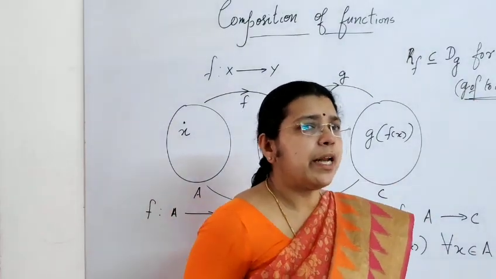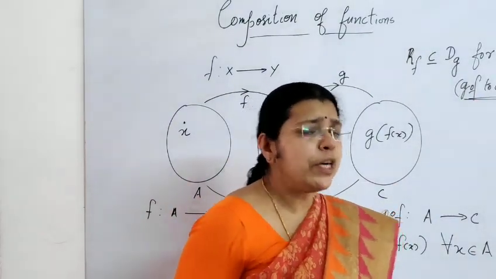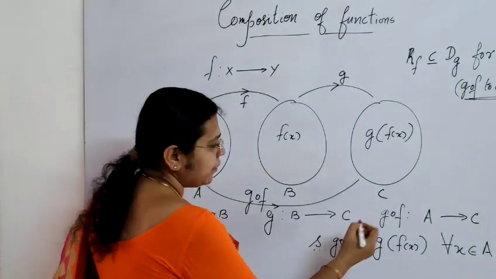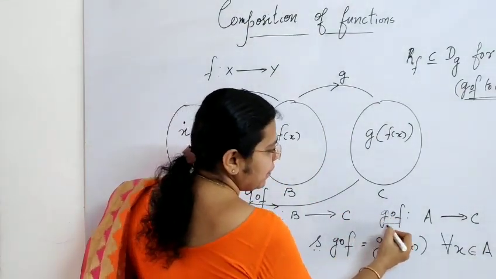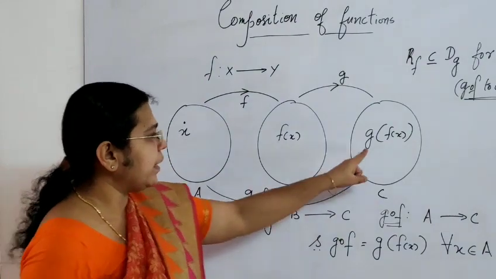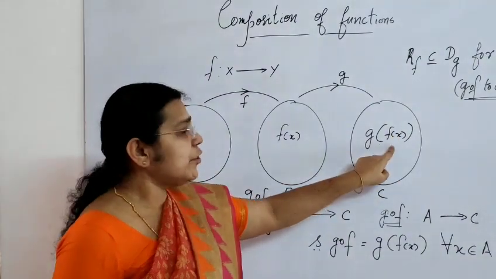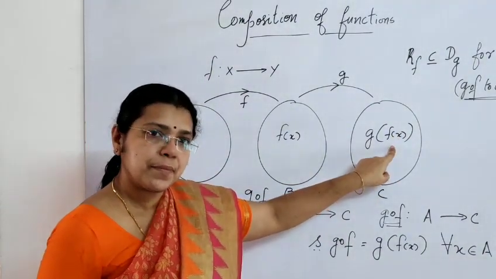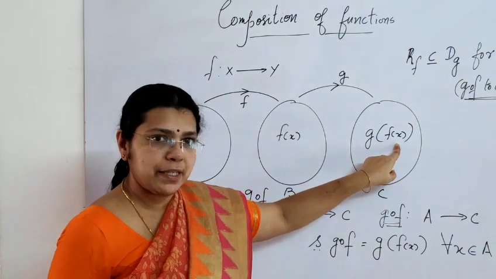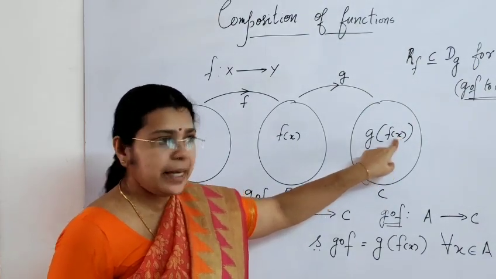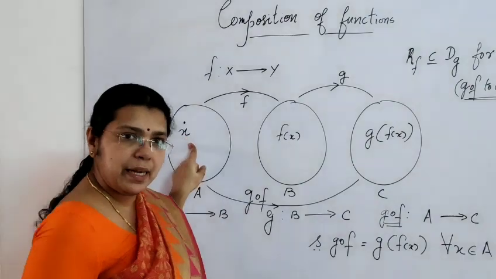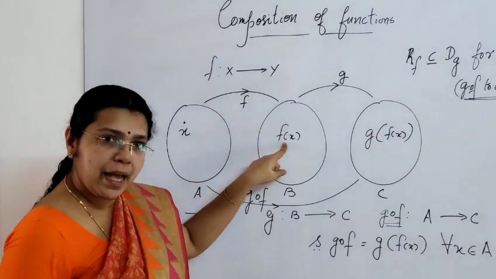Now just think about f of G. What is f of G? GOF. See, this is GOF, isn't it? Which is the function that is acting first? It is f of x. F of x is acting first, right? That is, x is an element, then f of x happens, right?